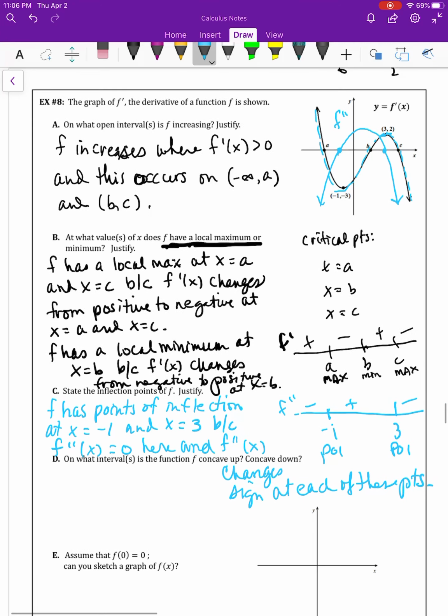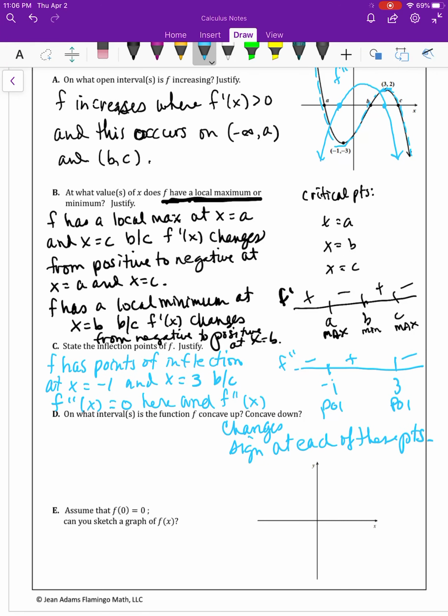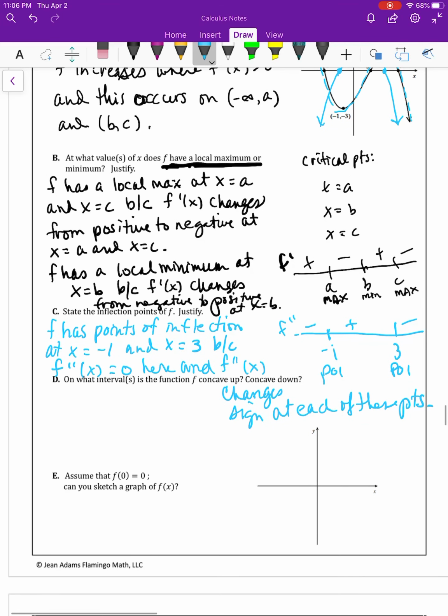Because it's not enough just to be 0 there. They have to change signs. If they went from negative to negative or positive to positive, they would not be considered points of inflection.